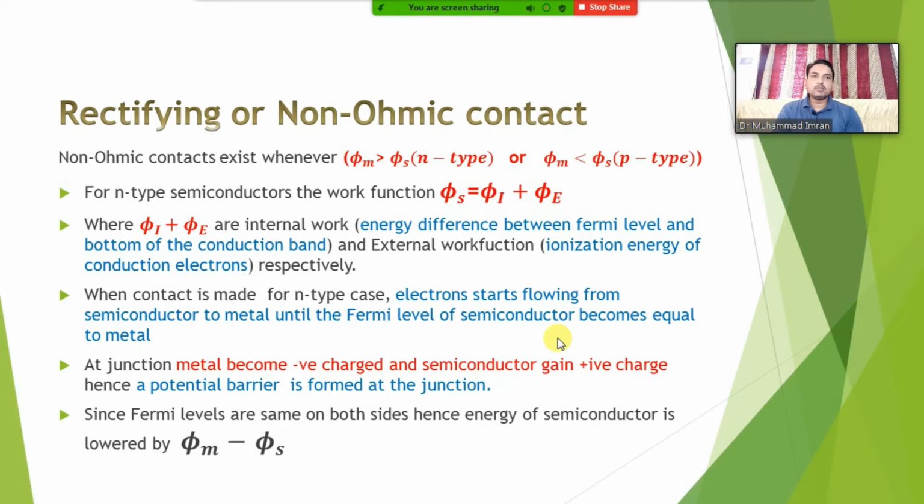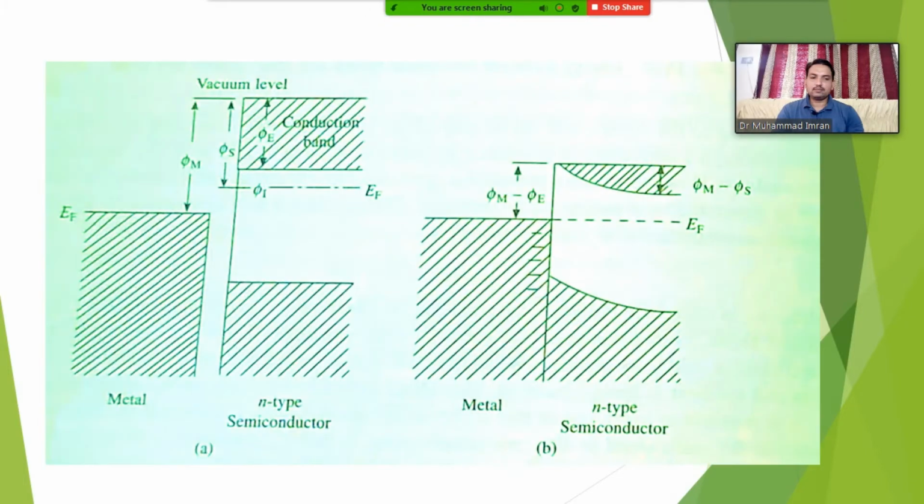Electrons flow from the n-type semiconductor to the metal. A potential difference develops across this metal-semiconductor junction, equal to the difference in work functions of the metal and semiconductor, phi m minus phi s. This will be the difference in the Fermi energies on both sides.